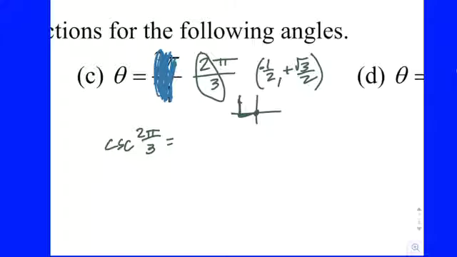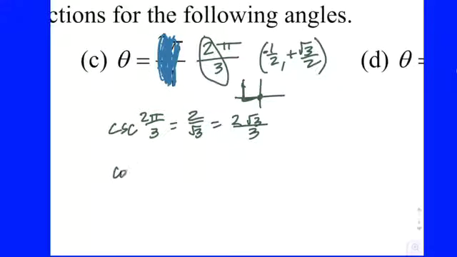What is cosecant? I'm asking you. Is that the reciprocal of sine? Cosecant is the reciprocal of sine, 2 over the square root of 3, which then becomes 2 square root of 3 over 3. Good. And you're going to get so great at it, you're not even going to have to write down 2 over the square root of 3 eventually.